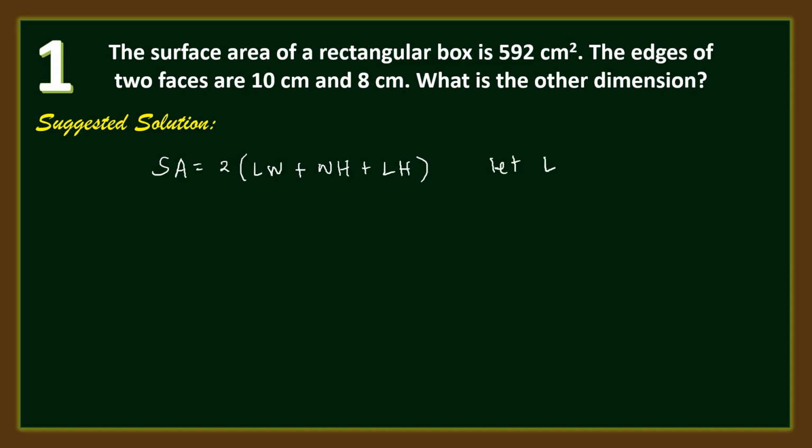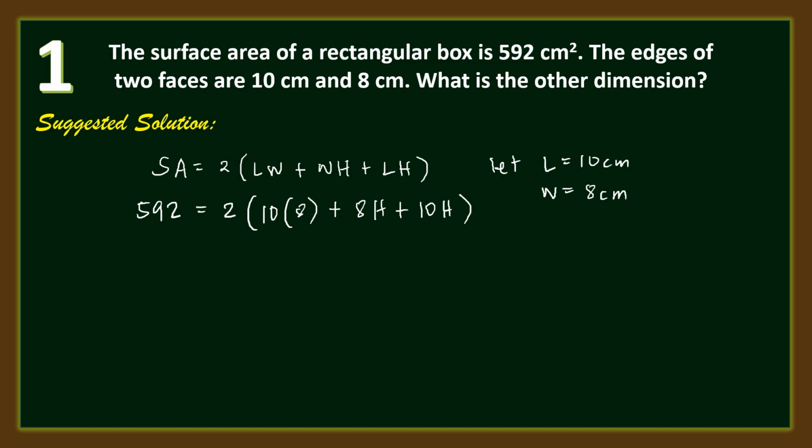Let the length be 10 centimeters and the width be 8 centimeters. Let us substitute these values. Since the surface area is 592 square centimeters, then we have 2 times 10 times 8 plus 8 times the height plus 10 times the height.